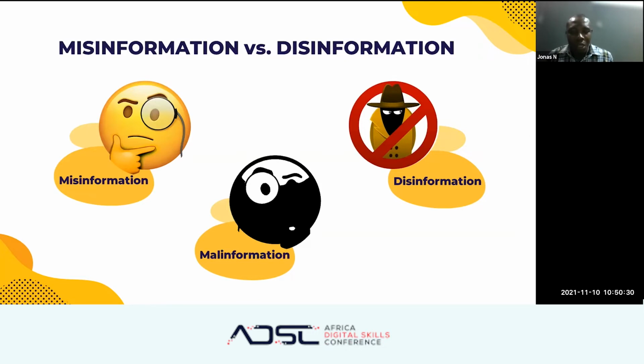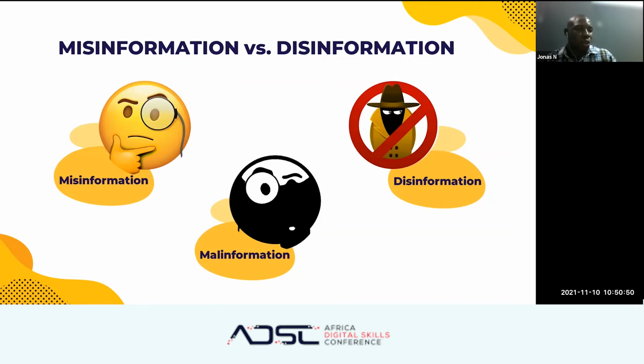Maybe their relationship turns sour, and he or she decides that they have some intimate photos together, and so they decide to share it on social media. With malinformation, the material could be real, but the intention is just to damage the person's reputation.